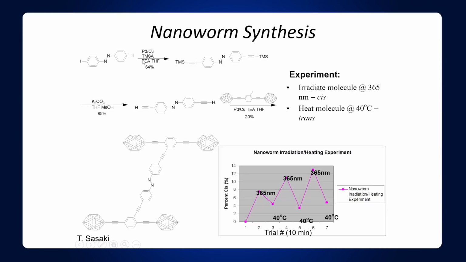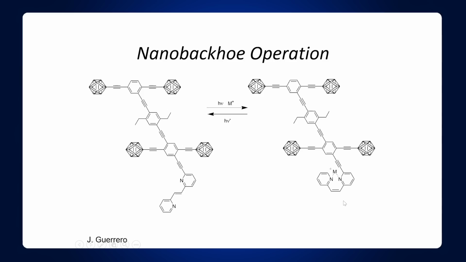You take this compound and you put on the alkynes, clip off the TMS groups with potassium carbonate and methanol, and do a Sonogashira coupling, and that will put these axles on. And so you can see that if you shine light on it, you get the cis, and then you warm it up, it goes to the trans. Cis, trans, cis, trans. And so this kind of works like that.